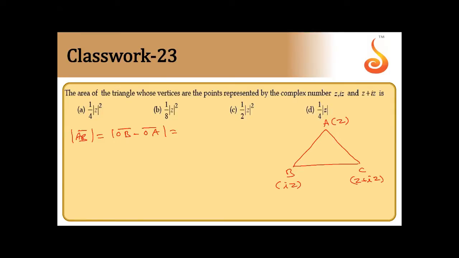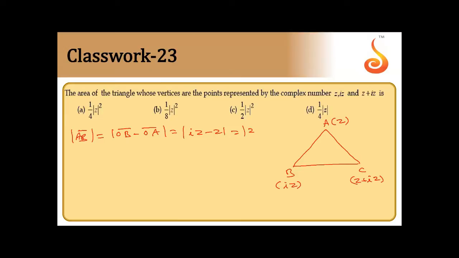You can take vector notation, modulus of z1 minus z2 also, it doesn't matter, OB minus OA. This is nothing but mod of iz minus z. You can use the vector concept also.